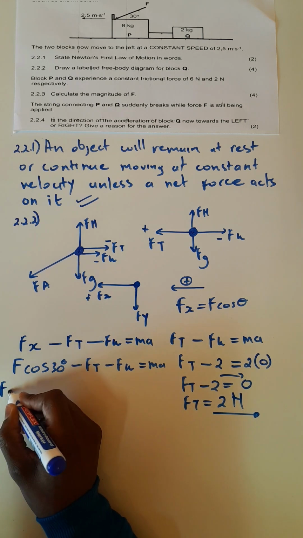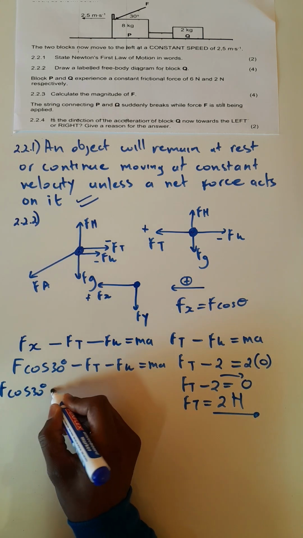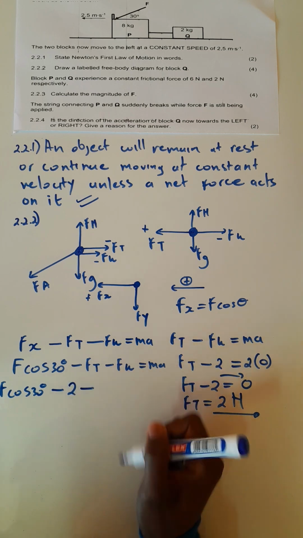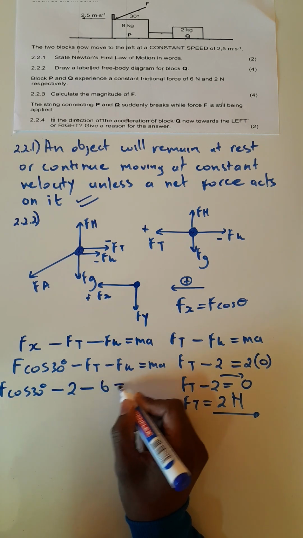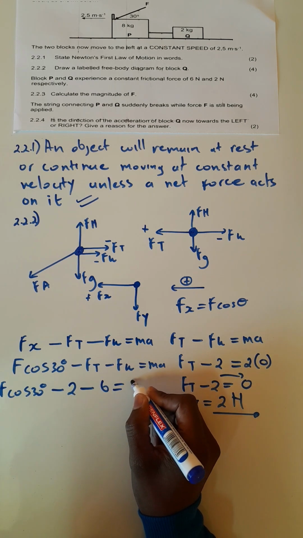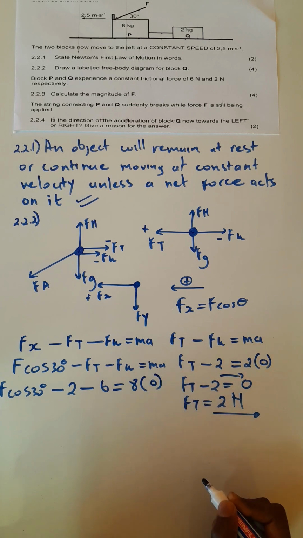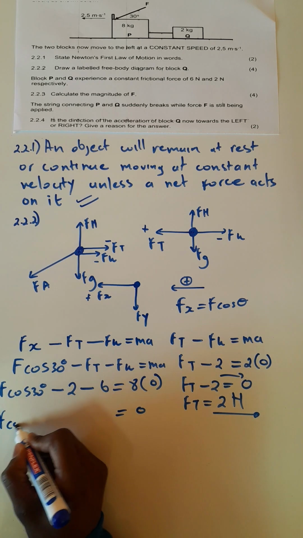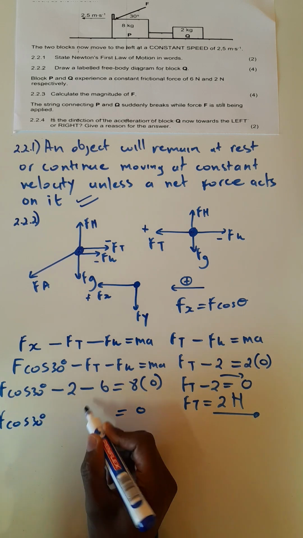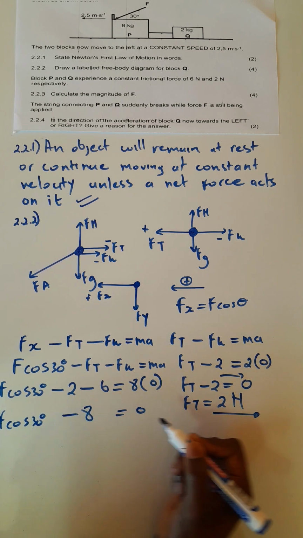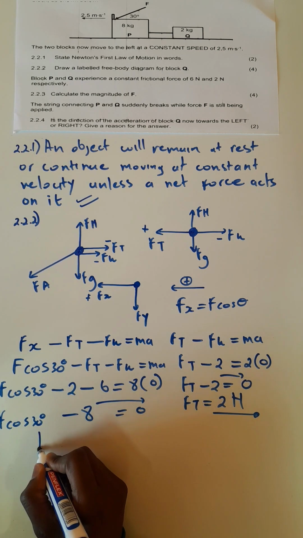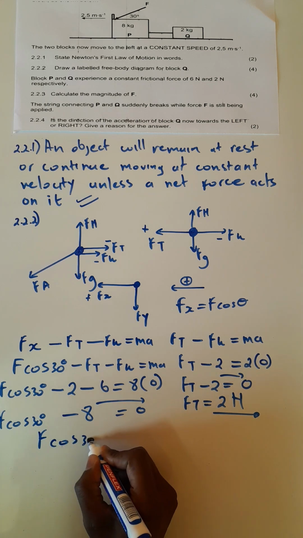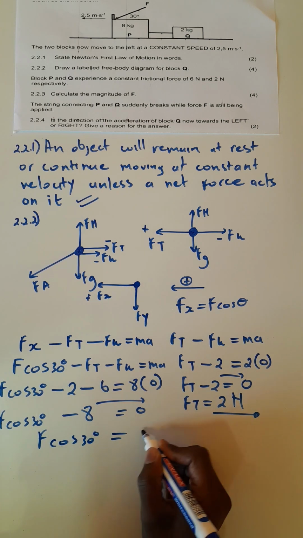So we are going to have F cos 30 minus the tension, which is 2, minus the friction for P, which is 6, is equal to the mass of P, which is 8, and the acceleration is 0 again. 8 times 0 gives us 0, and then F cos 30 minus 2 minus 6 gives us minus 8. Transposing the 8, we have F cos 30 is equal to 0 plus 8, which is 8.